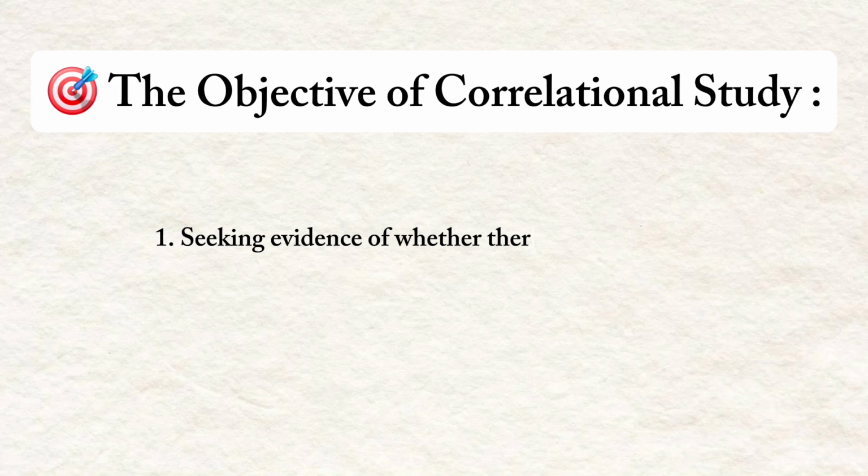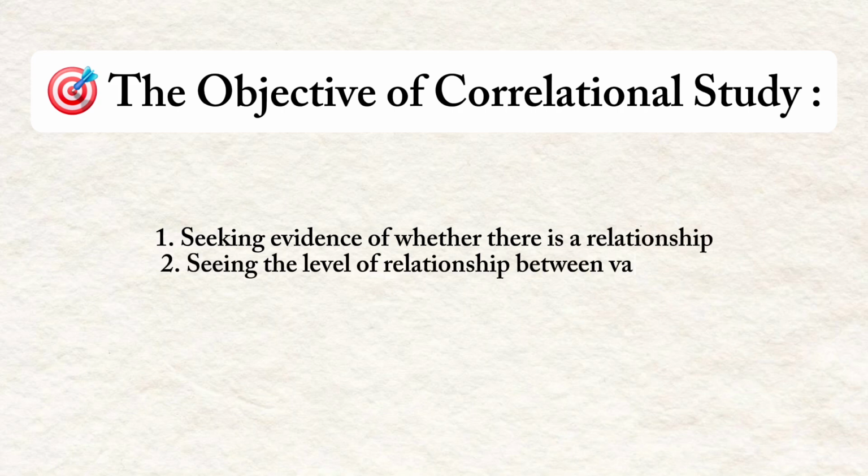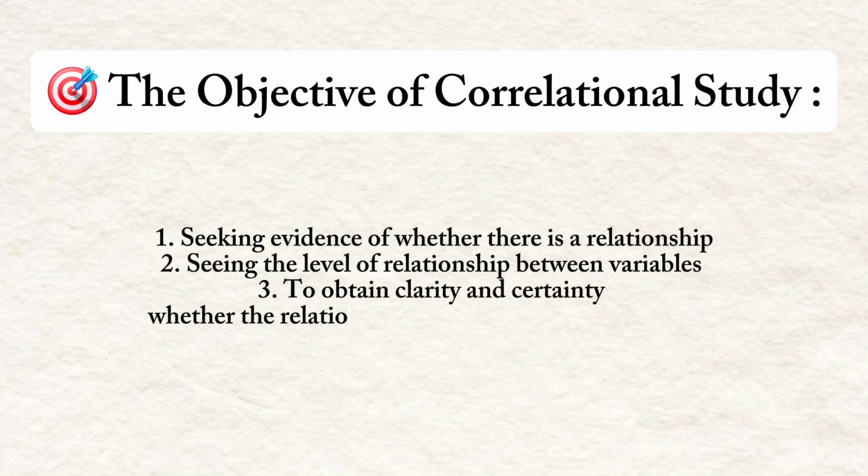Specifically, the objectives of correlational studies are: first, seeking evidence of whether there is a relationship or correlation between variables; second, seeing the level of relationship between variables; and third, to obtain clarity and certainty whether the relationship is meaningful or insignificant.